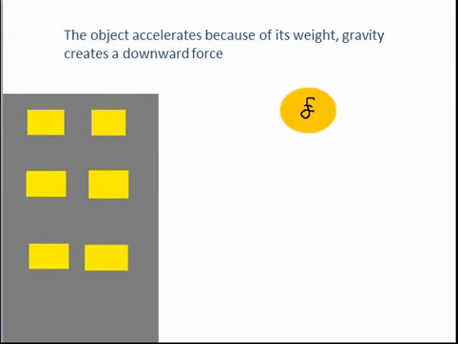It is steadily accelerating because its weight creates a downward force, and its air resistance at the moment is almost non-existent because it hasn't reached a high velocity yet, because air resistance increases as velocity increases. So as it's falling here, most of its resultant force is a downwards force.